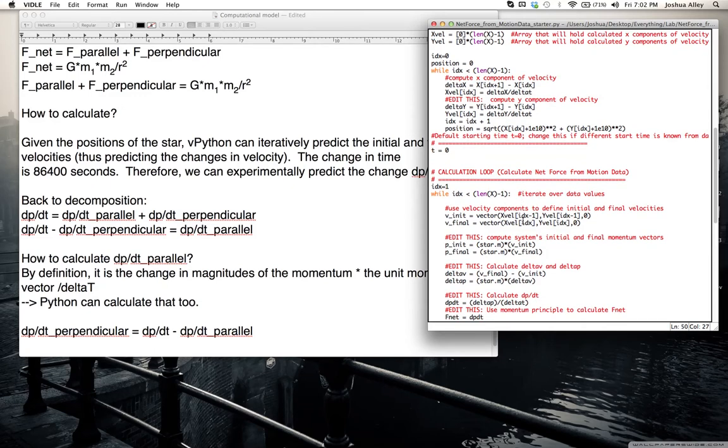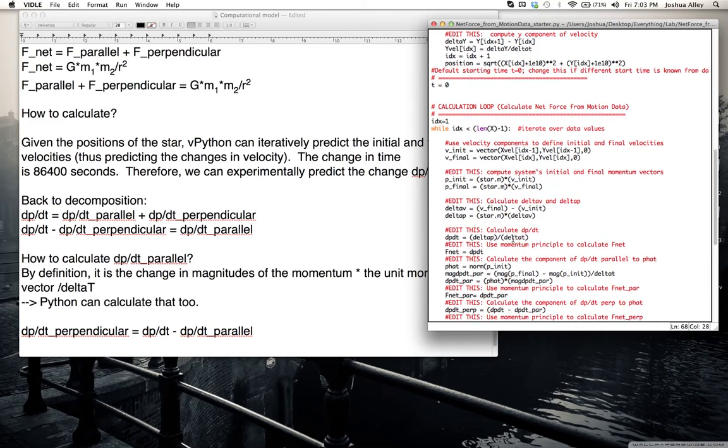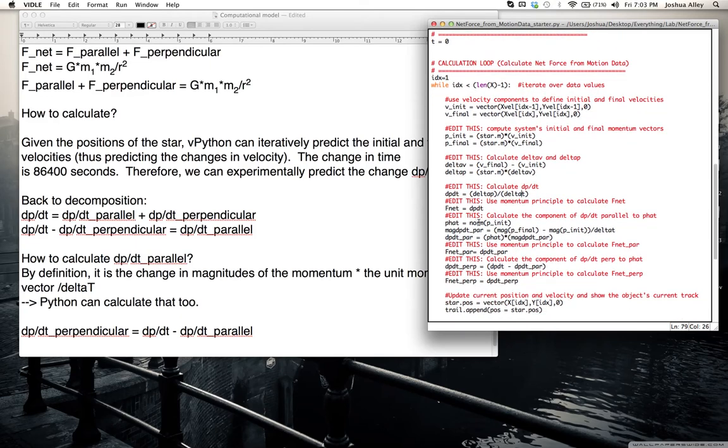So I used the velocity at index minus 1 and the velocity at the index. Delta v is v final minus v initial, and delta p is star.m times delta v, where dp dt is just delta p over delta t. I set Fnet equal to dp over dt, and I'll explain why later.